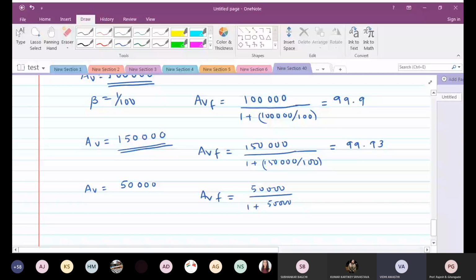For AVF, for AV equal to 50K, what is the gain? I'm getting 99.8. Yes, sir, 99.8. Okay. Look at these figures.